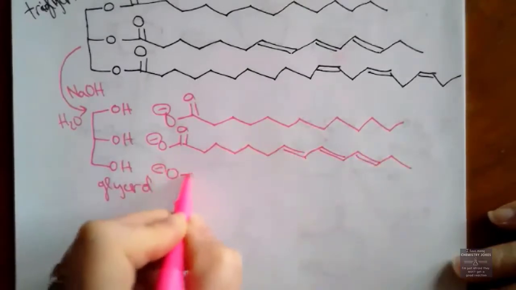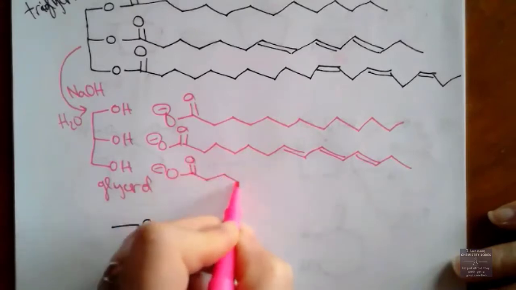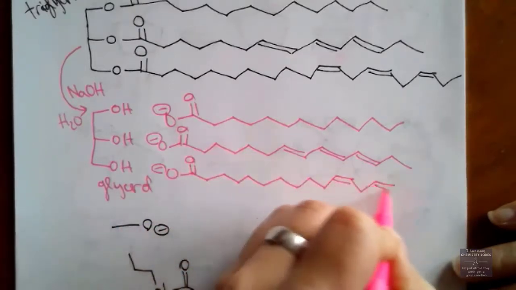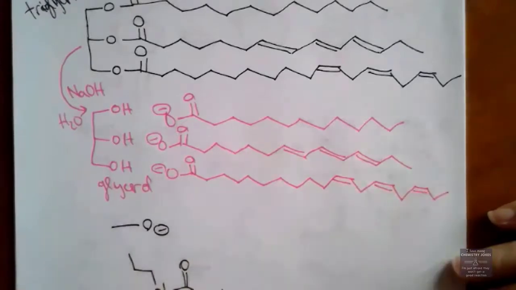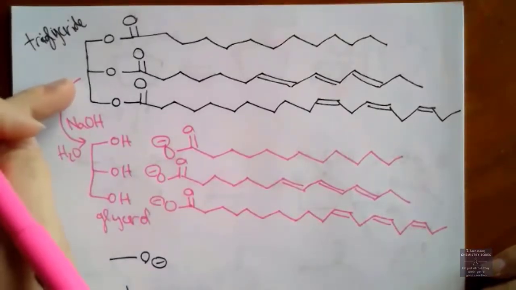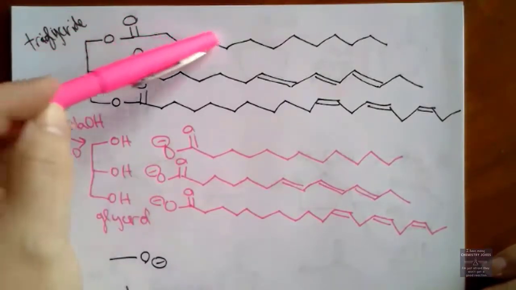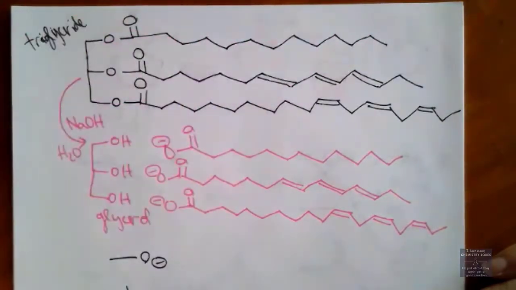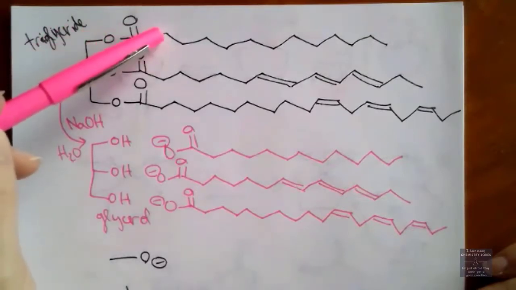So the composition of a triglyceride determines whether the triglyceride is a fat that's solid at room temperature or an oil at room temperature. If you have all saturated chains, you will have a saturated fat. All saturated chains are likely to be solid at room temperature.